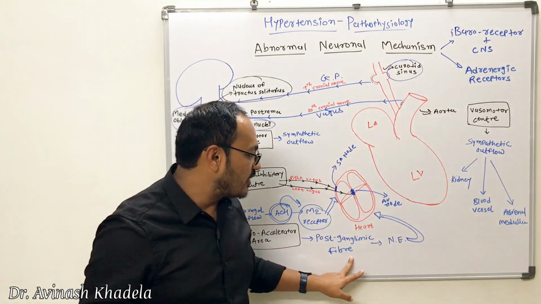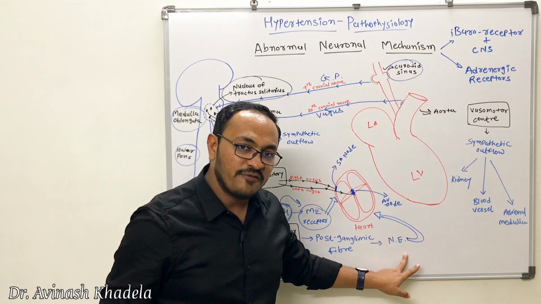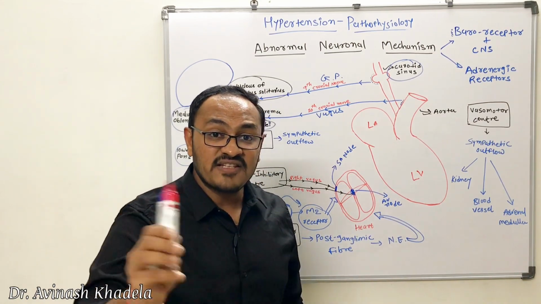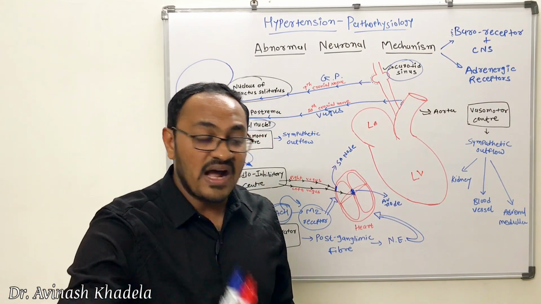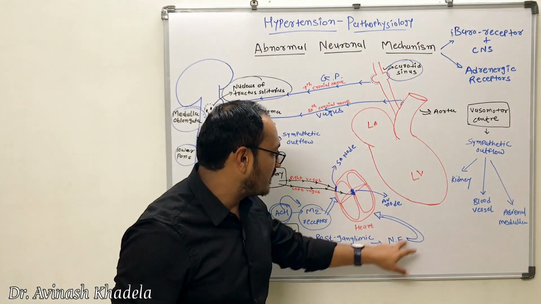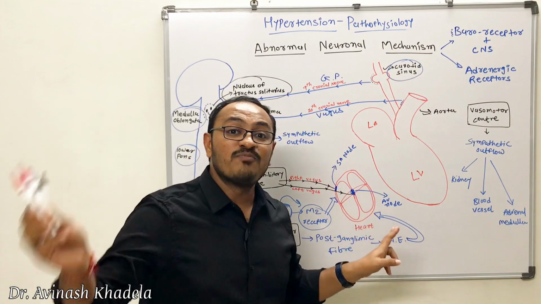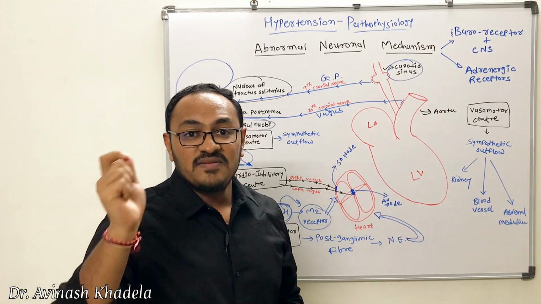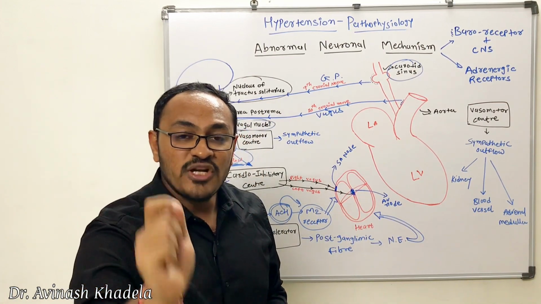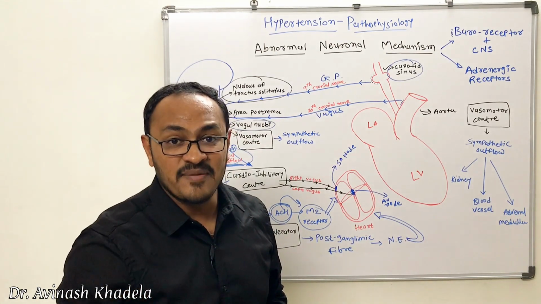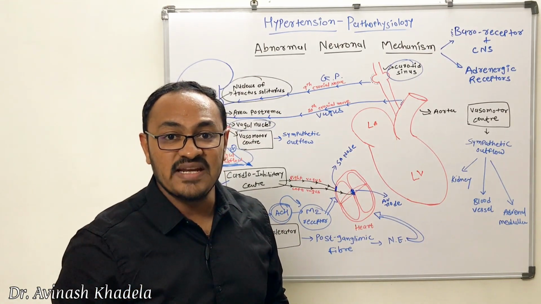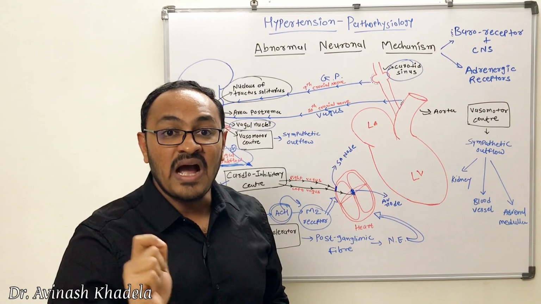This norepinephrine has a receptor, the adrenergic receptor, in the heart. So this norepinephrine will go and bind to the beta 1 receptor present in the SA node, and this beta 1 receptor is a G protein coupled stimulatory receptor. It will increase cyclic AMP level, stimulate protein kinase A, and increase the heart rate.